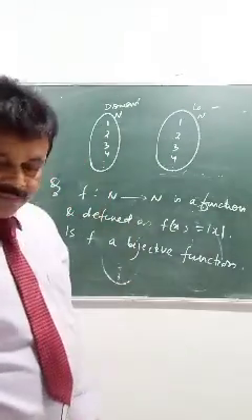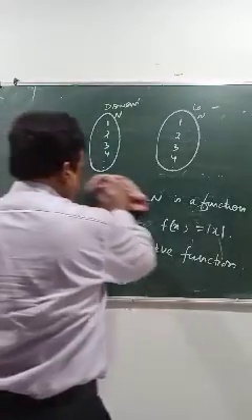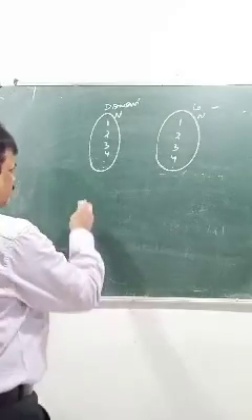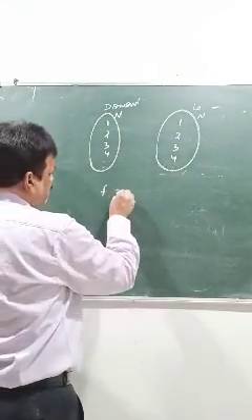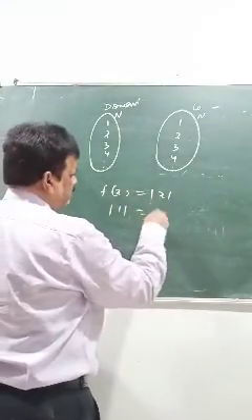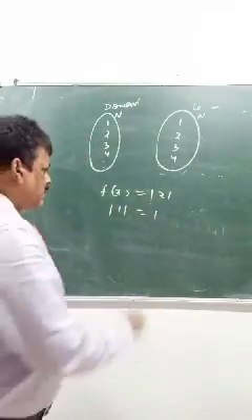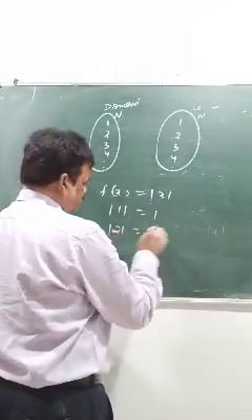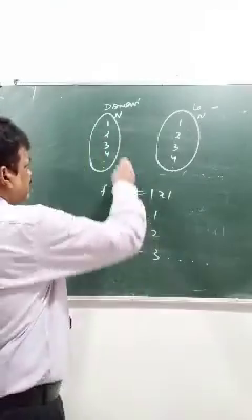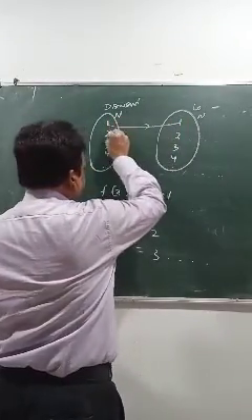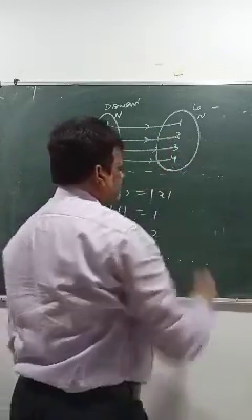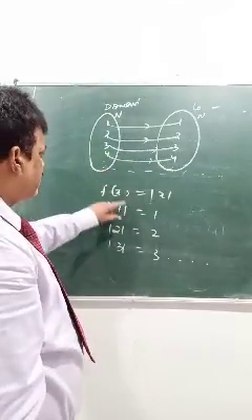Modulus is defined as f(x) equals mod x. That means mod of 1 is 1, mod of 2 is 2, mod of 3 is 3, like this. That means distinct elements are related to distinct elements, 4 to 4, like this.